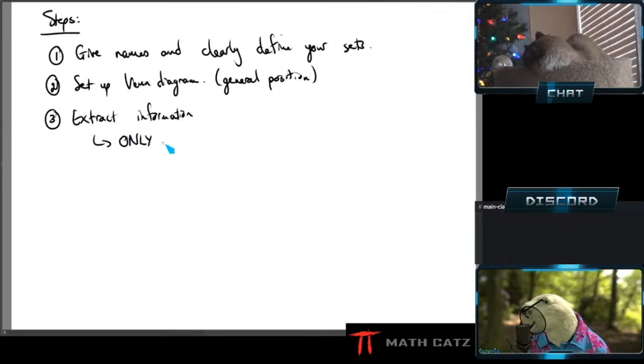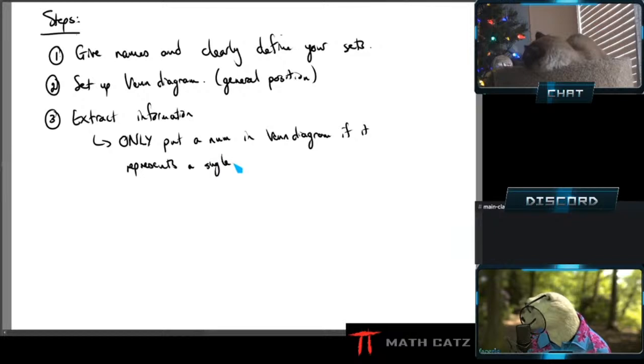Only put a number in the Venn diagram if it represents a single region.